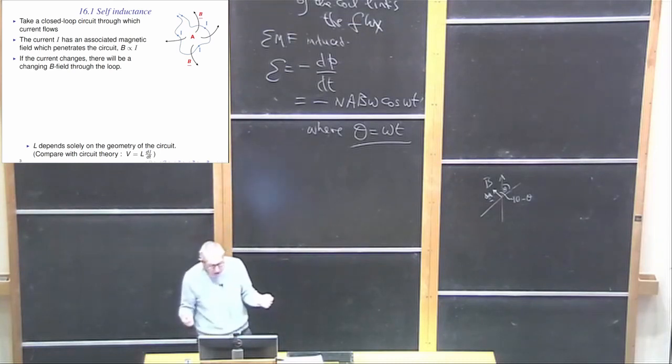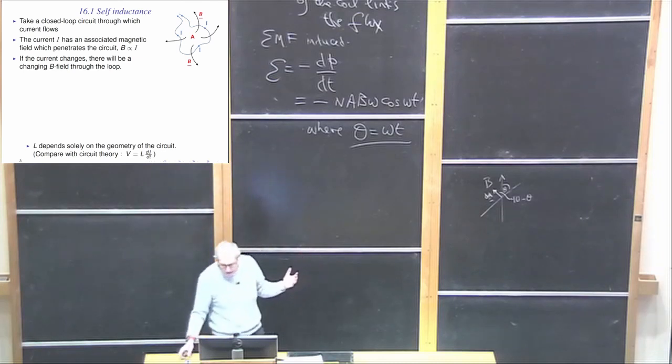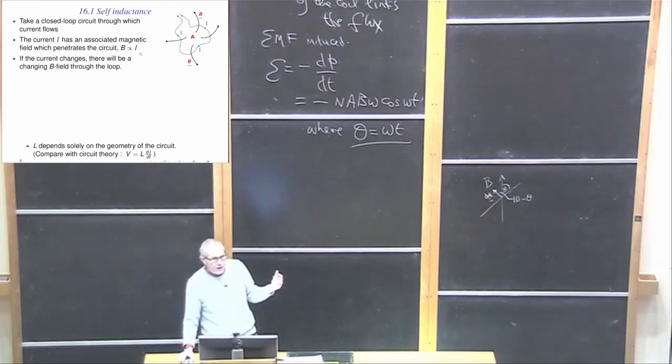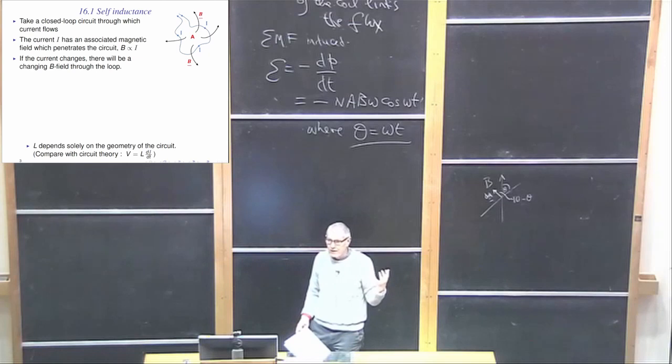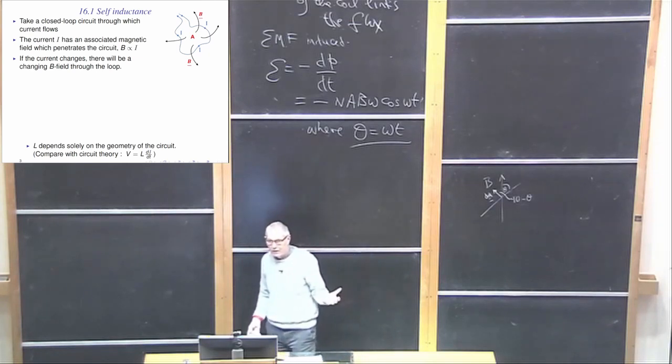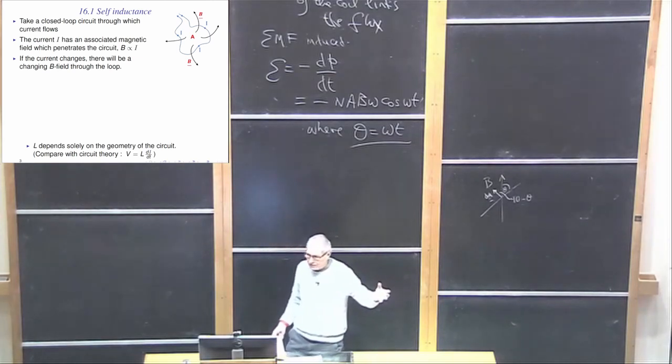I hope that from what we've done, you can see, I haven't derived it for every single geometry, obviously, that the magnetic field is always proportional to the current. That just comes from the Biot-Savart law.